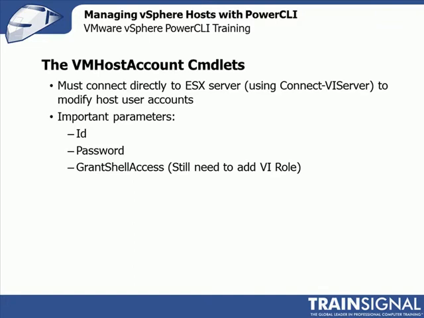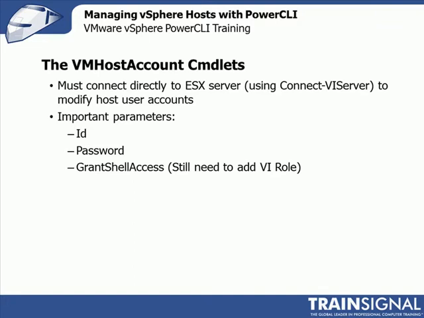One of them is called ID, and this is going to be basically the username, the user ID. So, for example, root is an ID. Of course, password, you know what that is. Grant shell access is whether or not you would be able to use SSH and shell into the specified user ID.